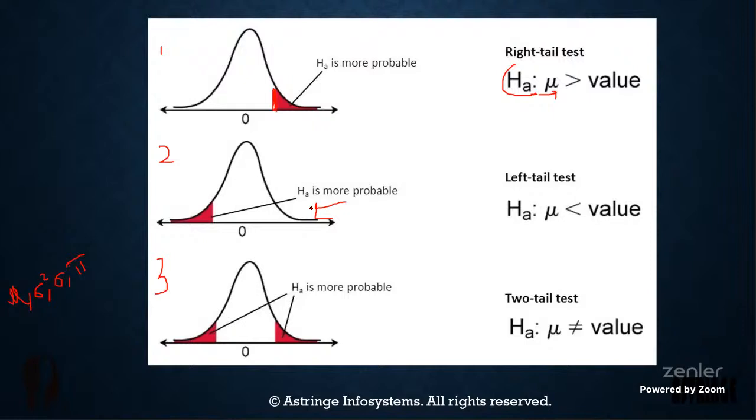If HA says mu is not equal to the value, then both the left and right sides would be the place of your HA, not a single part but both of them, and greater or less than would depend upon which side is expected to be probable.